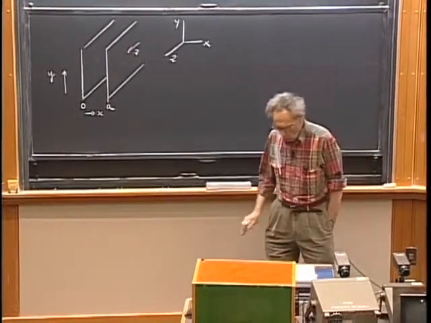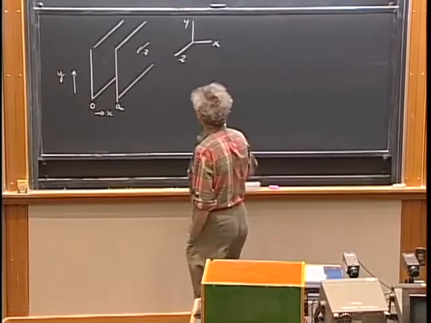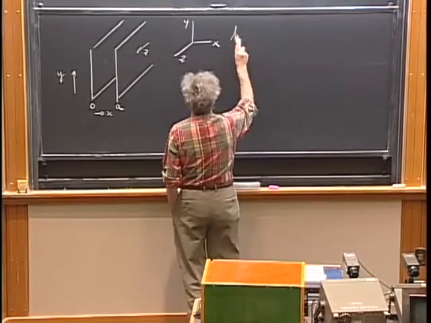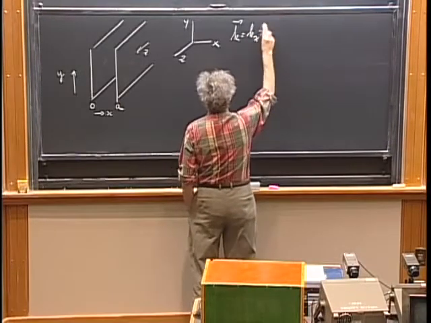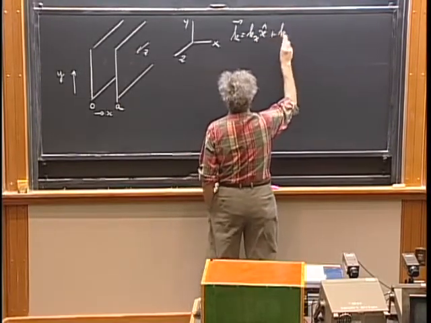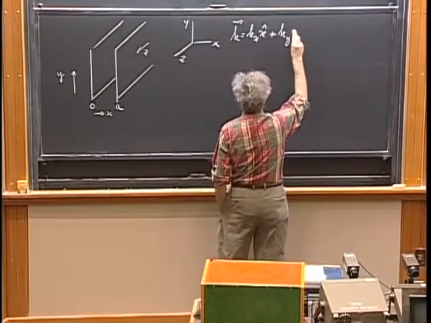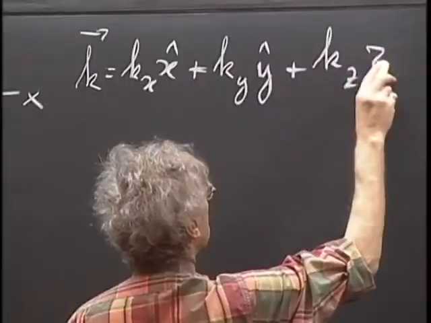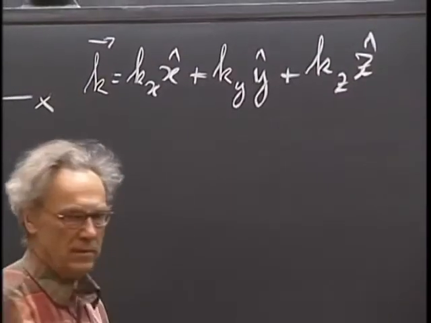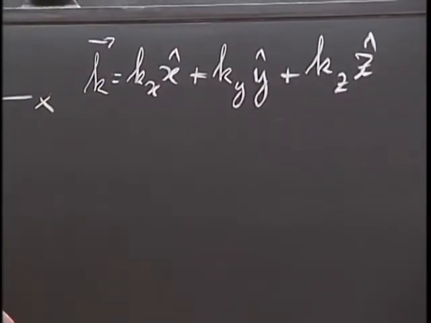And what now comes holds always, that K is always Kx x roof plus Ky y roof plus Kz times z roof. And K is the direction then of propagation.